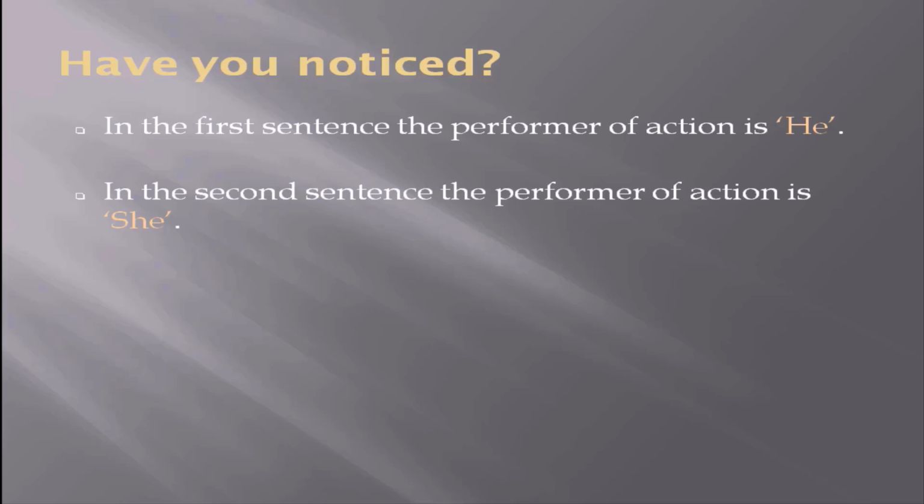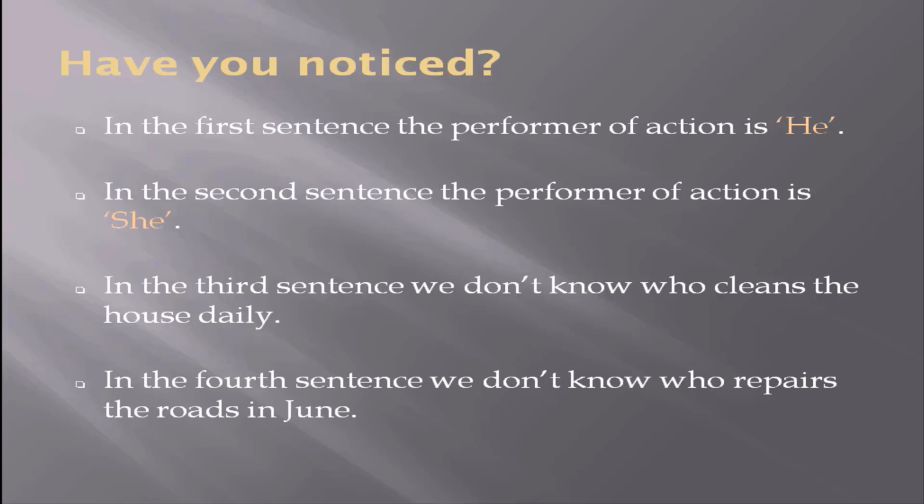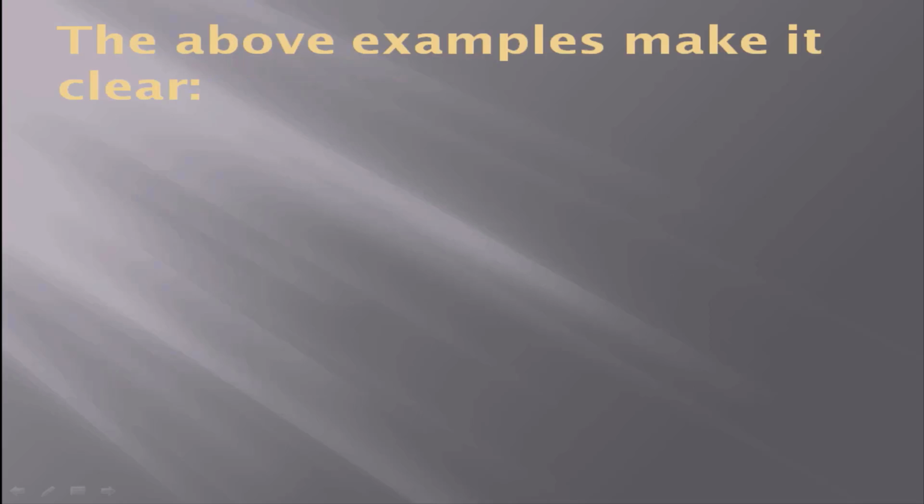Have you noticed? In the first sentence, the performer of action is he. In the second sentence, the performer of action is she. In the third sentence, we don't know who cleans the house daily. In the fourth sentence, we don't know who repairs the roads in June.